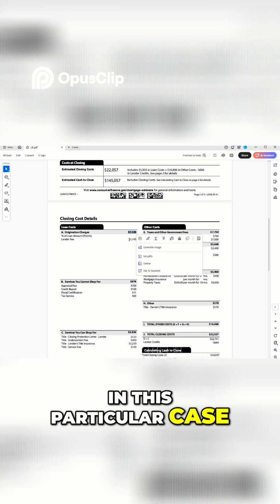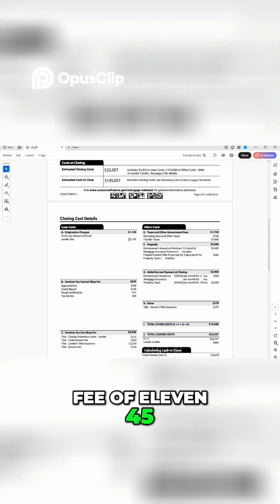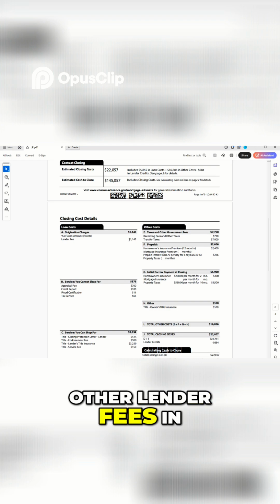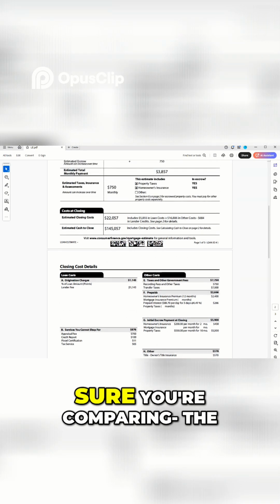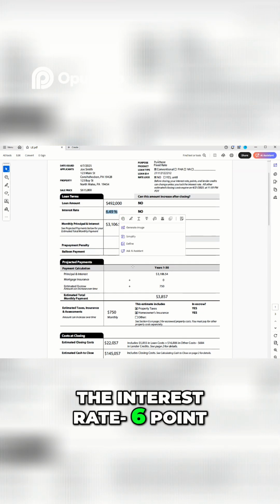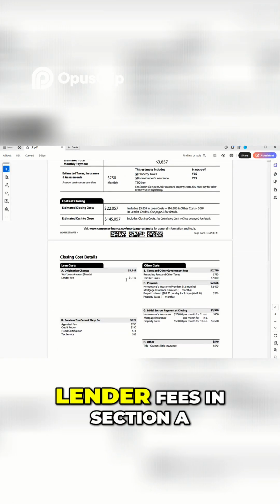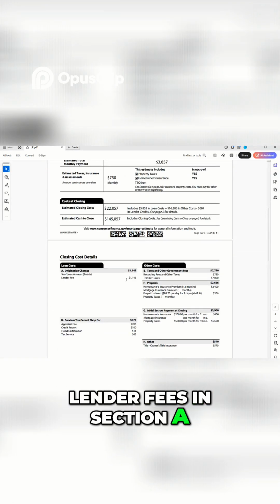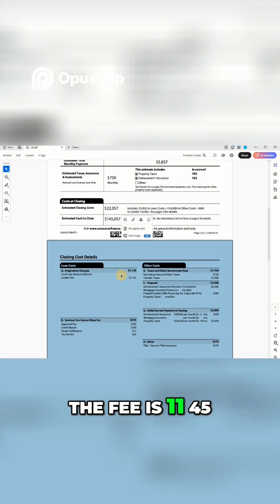In this particular case, we only have a lender fee, which is an underwriting fee of 1145, and there are no other lender fees in this example. So again, the two biggest things you want to compare are the interest rate, 6.49 in this case, and the lender fees in Section A, which are on page 2 of the loan estimate, and in this case, the fee is 1145.